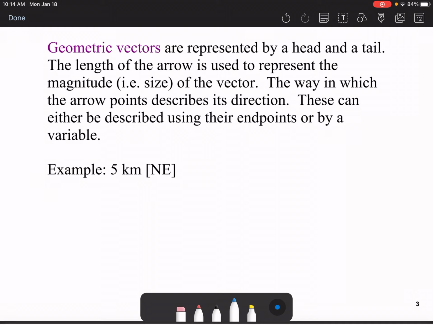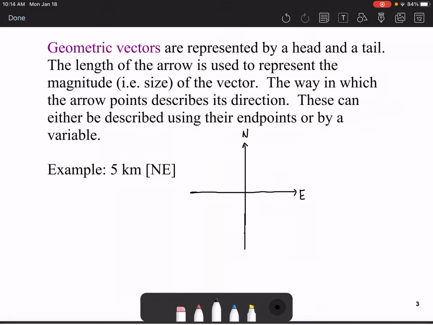For example, let's say we're looking at 5 kilometers, the distance, traveling northeast. I'm going to use my ruler right here and draw a little Cartesian plane to start with. Northeast, well, this would be north, and east is in this direction.